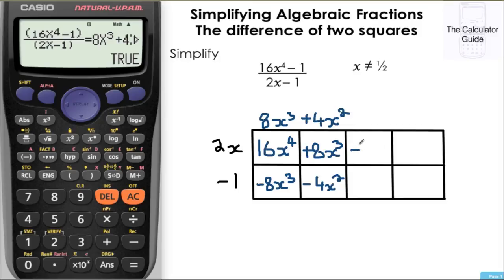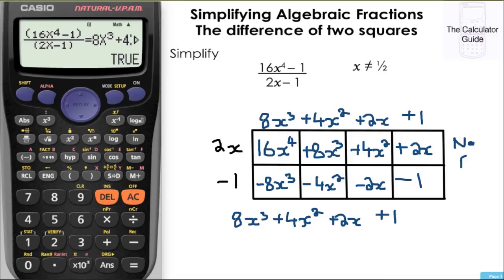I've got no x squareds in my original numerator, so I need to add 4x squared, and I need to multiply 2x by 2x to give me this. 2x times minus 1 is minus 2x, and additionally I've got no x terms as well, so I want to add 2x. That is just one lot of 2x, so I've got plus 1 here at the top, and then plus 1 times minus 1 gives me minus 1. I just make a comparison with the final term that I've got, which is also minus 1, so I have no remainder when I divide, which is what we would expect.